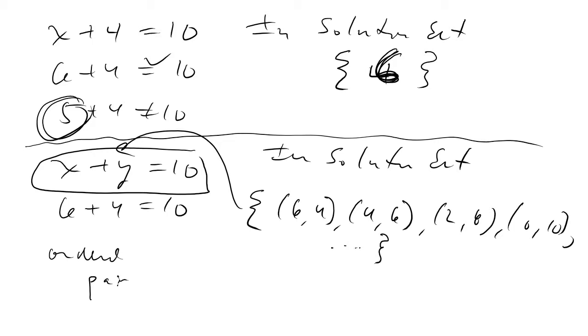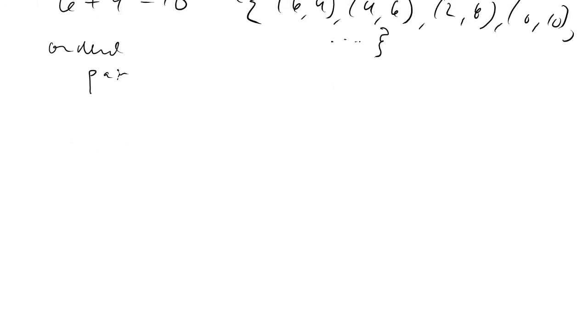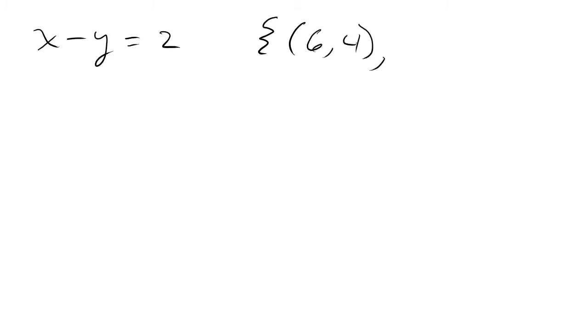Now, when the equation is simple, like x plus y equals 10, it's pretty easy to make the solution set. Maybe I would also throw in something like x minus y equals 2, just to get a feel for that, because that one has 6, 4 as part of its solution set. 6 minus 4 is 2.